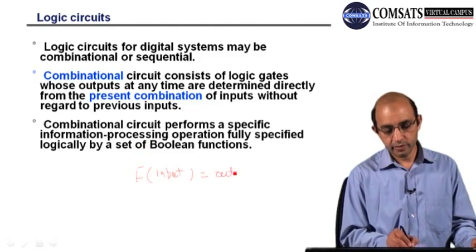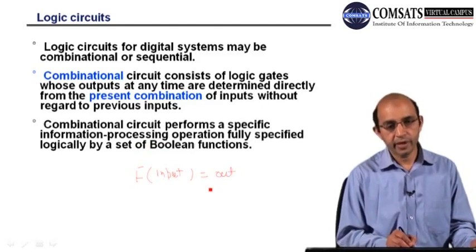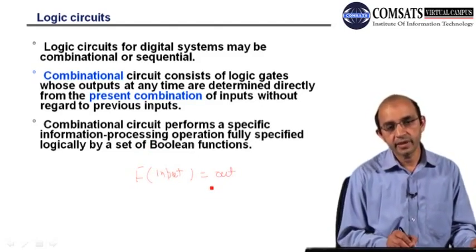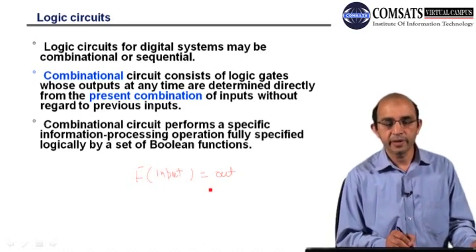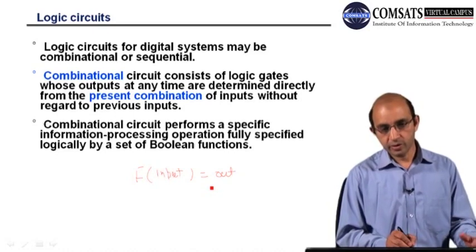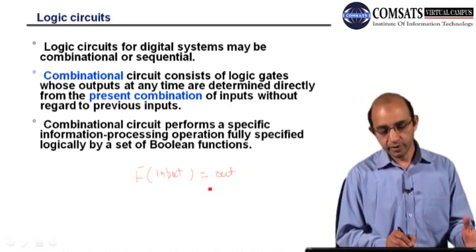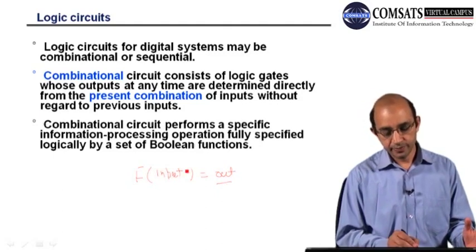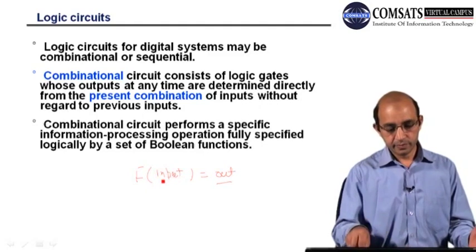So this is the output. We don't have to rely on the previous states. We don't need any sort of memory to remember the previous states. As long as we have the input, we will have the outputs. It means the output is equal to a function of the input variables, right?